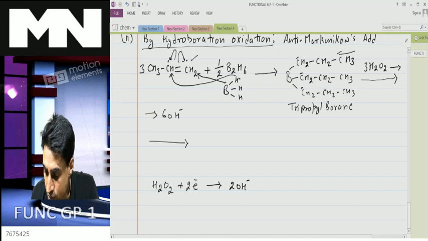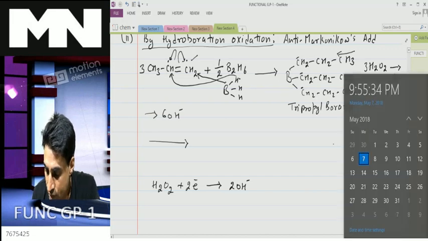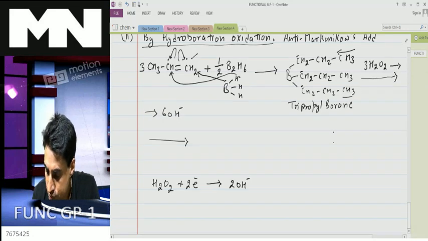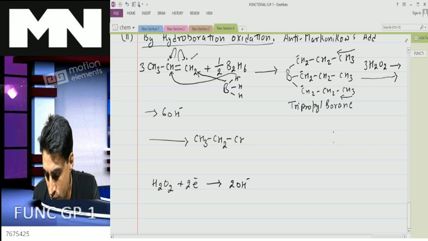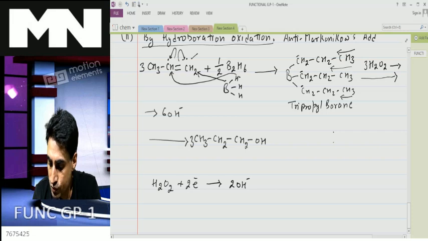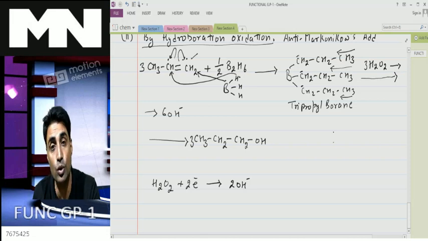Starting from this side, the molecule I am getting is CH3, CH2, CH2OH, three times: CH3CH2CH2OH, CH3CH2CH2OH, CH3CH2CH2OH.